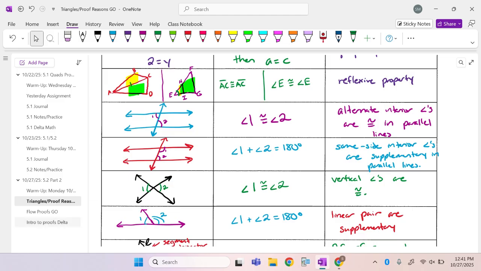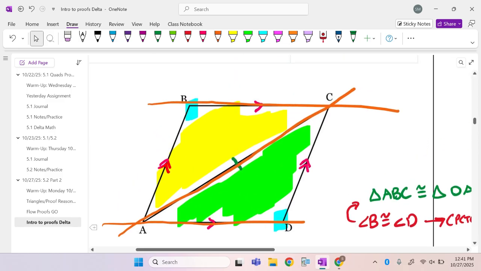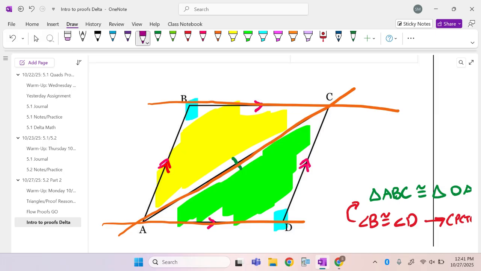Now let's go back to the picture. Is it not true that I've got alternate interior angles there? Where? What two angles are alternate interior? BCA is one of them. What's the other one? DAC.